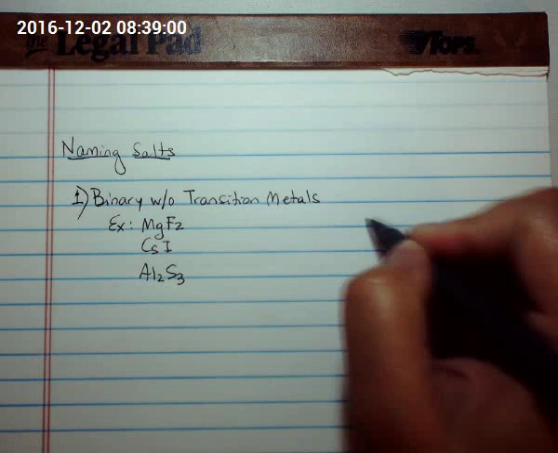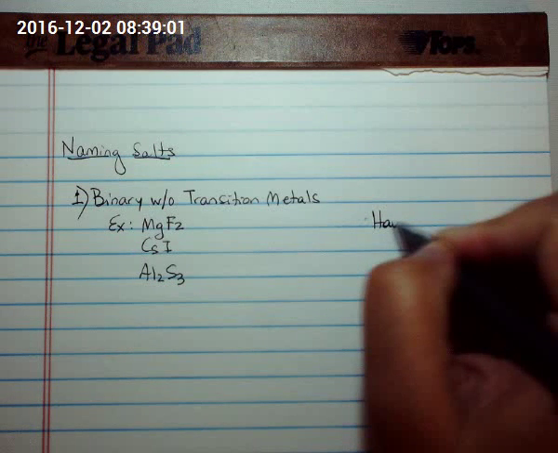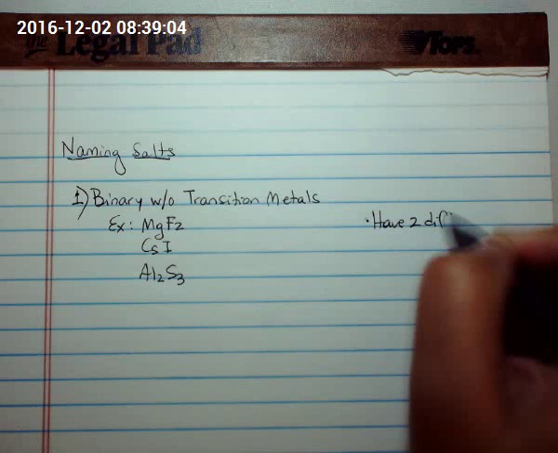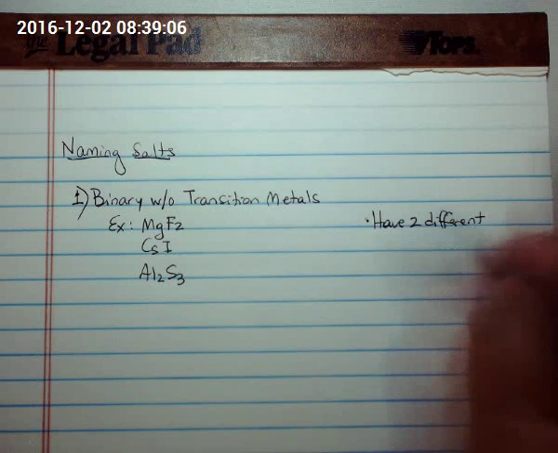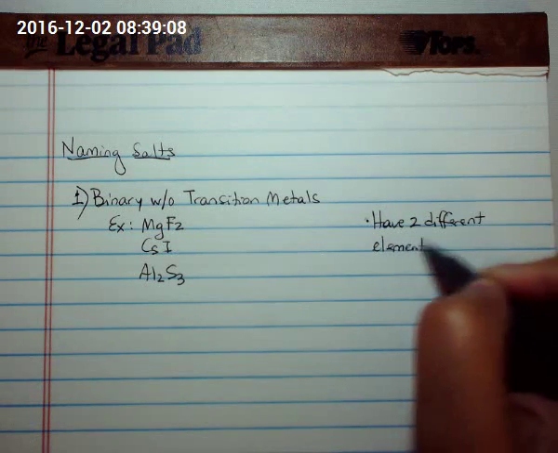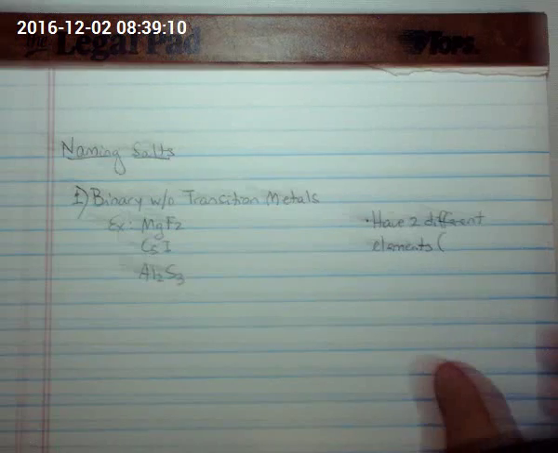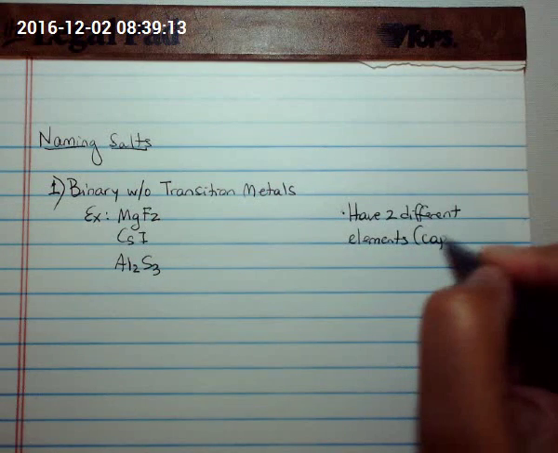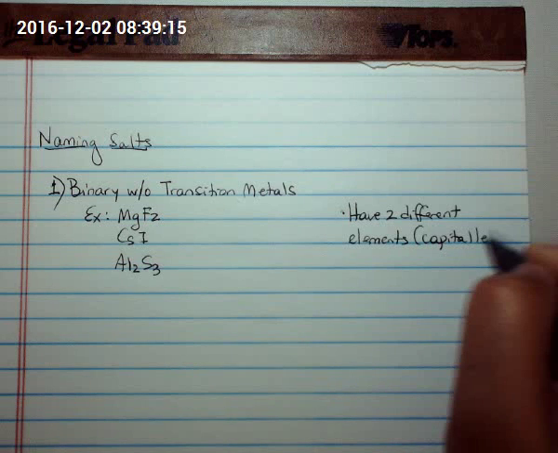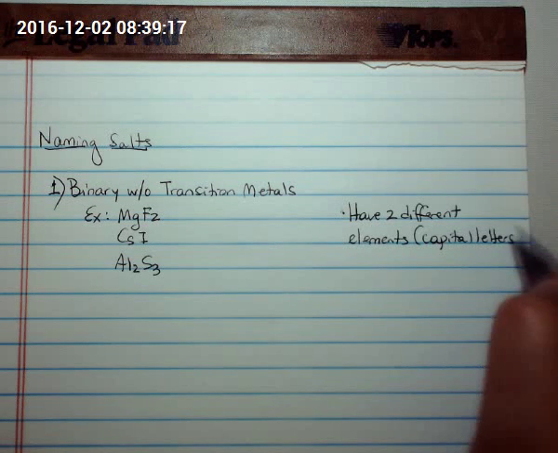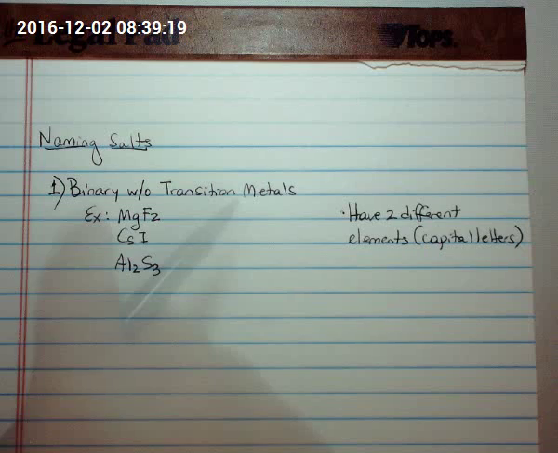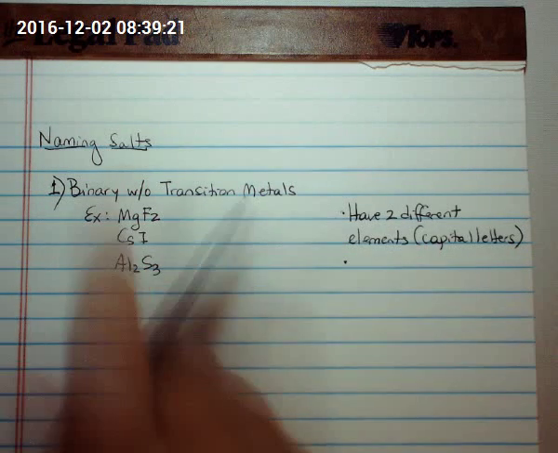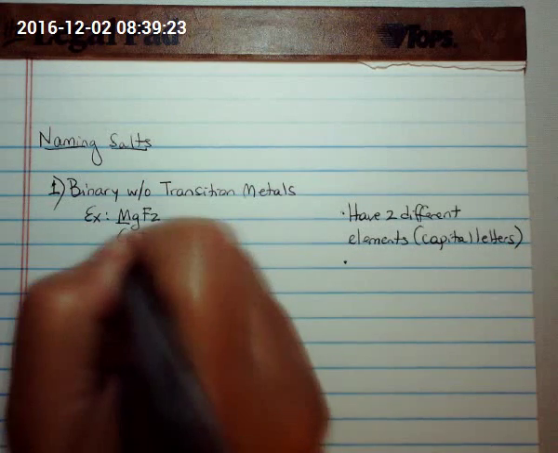So they have 2 different elements. And what I tell some students to look for is just look for the capital letters. Do you have 2 different capital letters in the formula? It falls under binary. And then if you look at the position of the first element on the periodic table.